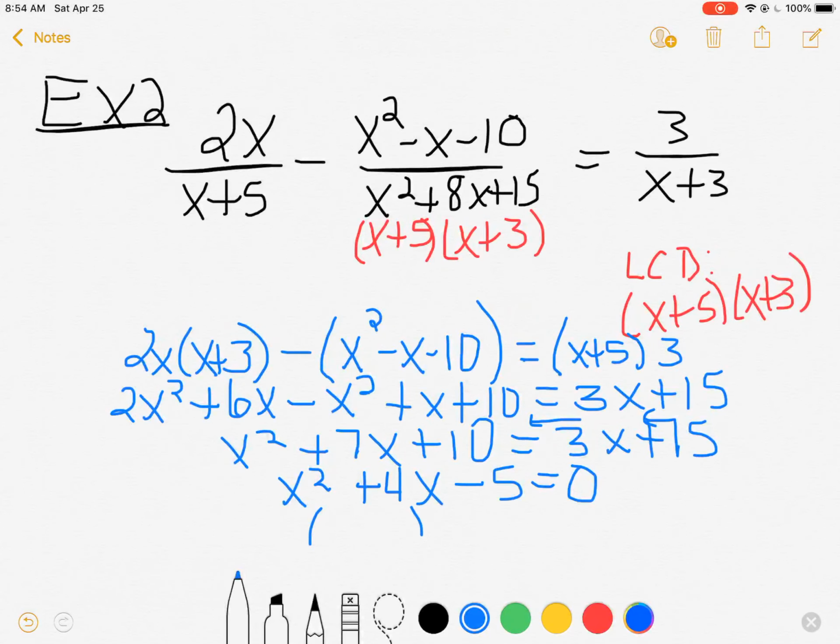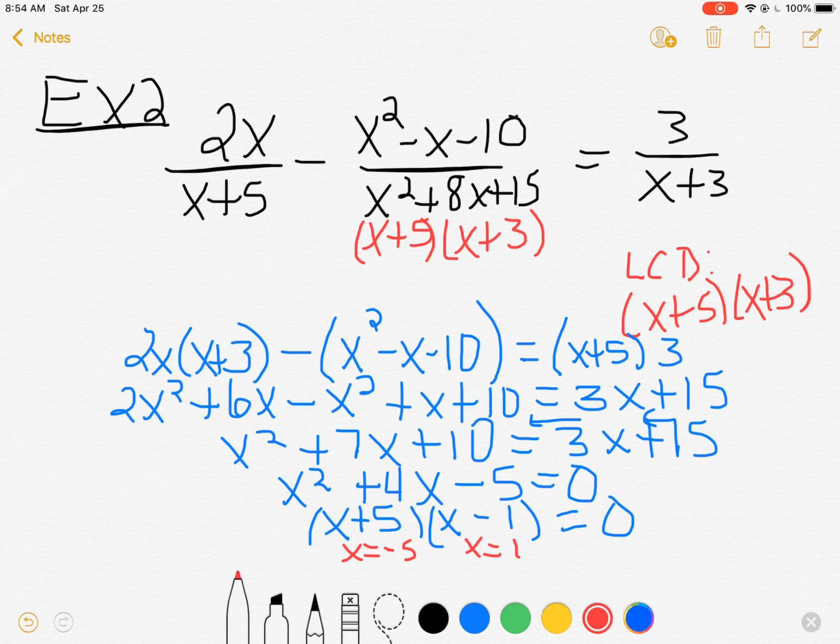You can use the quadratic formula. Factoring is so much faster. X and x. What multiplies and gives me negative 5 that adds and gives me 4 will be 5 and negative 1. And then from those two factors, I know that x is equal to negative 5 here, and here x is equal to 1.